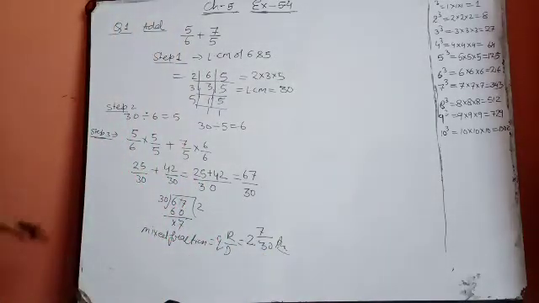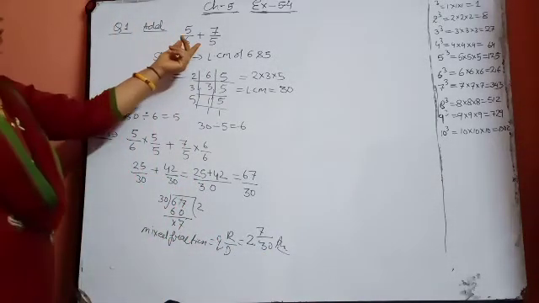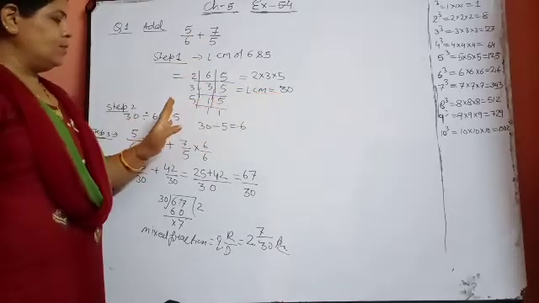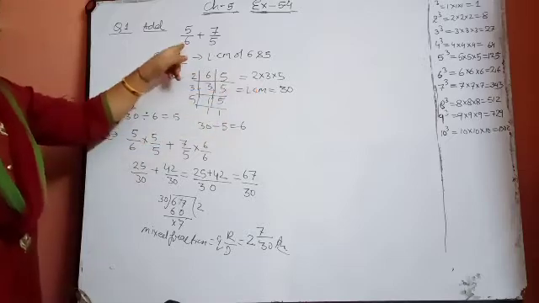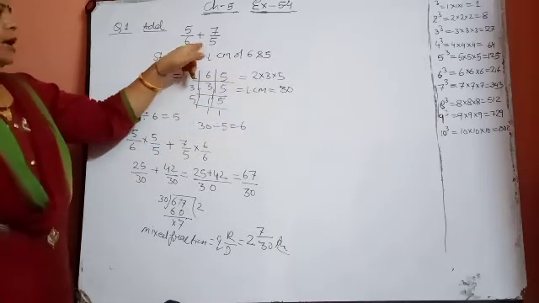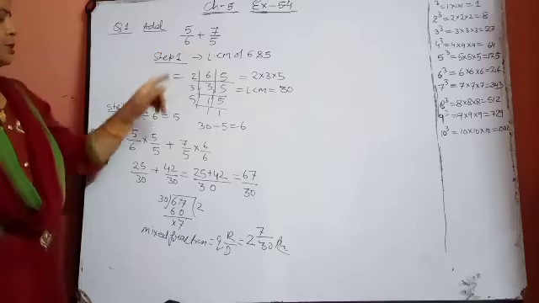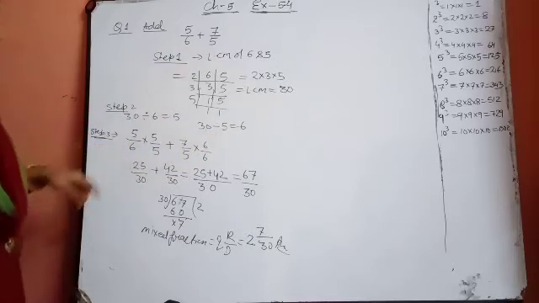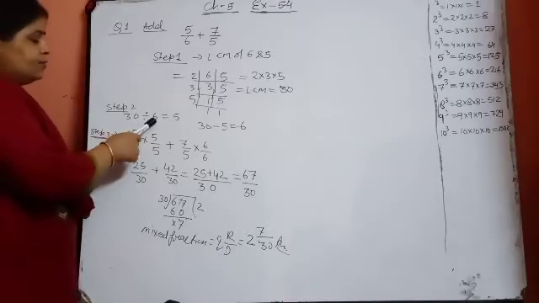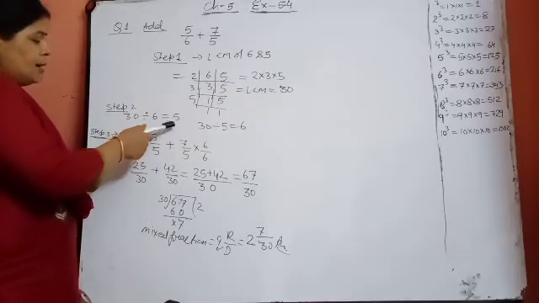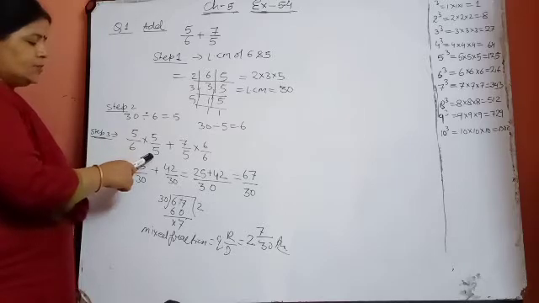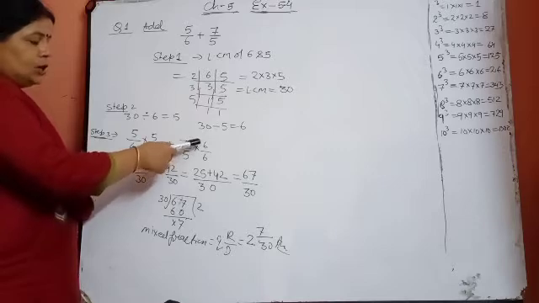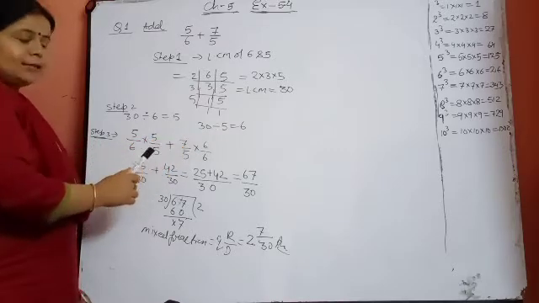What we have done? Again just see. First we have taken the LCM of 6 and 5. We got LCM 30. Then this 30 will be divided, first by the first denominator and then by the second denominator. When we divide by the first denominator, by that quotient you will multiply the first fraction. And when you divide by the second denominator, by that quotient you will multiply the second fraction.